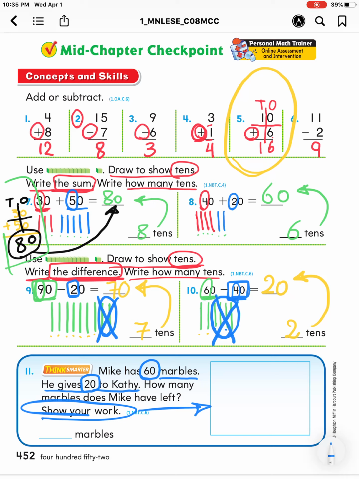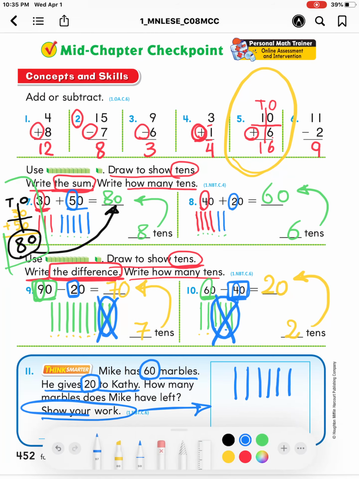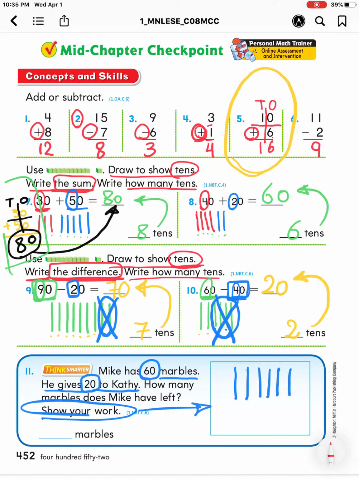Now Mike has how many marbles? 60 marbles. So we are going to draw how many tens? 6. 1, 2, 3, 4, 5, and 6.